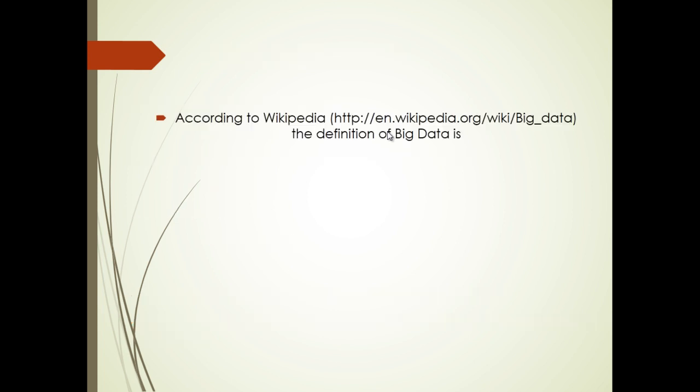According to Wikipedia, we got a definition. Whatever data has a large volume or large content or is complex can be dealt with using big data, which cannot be done by the existing systems.